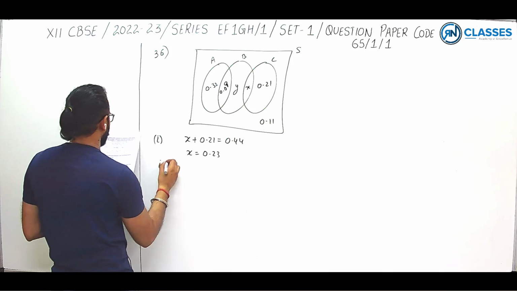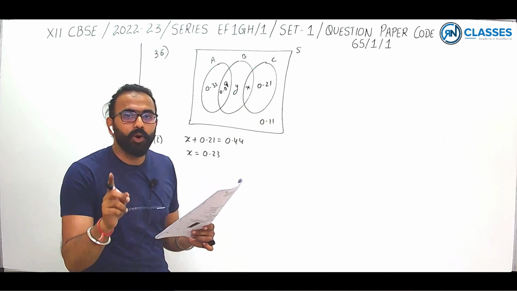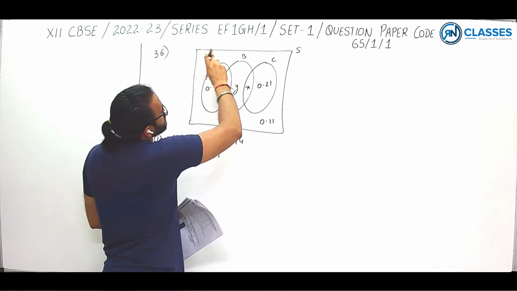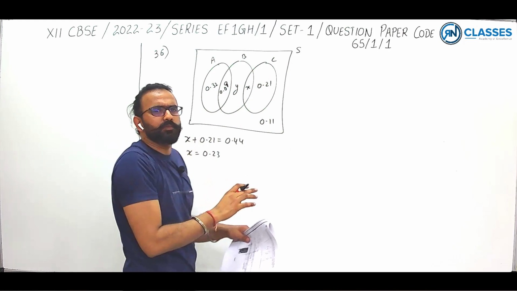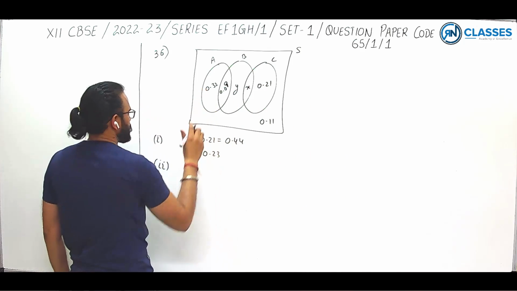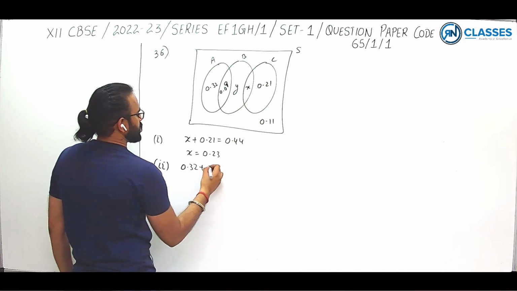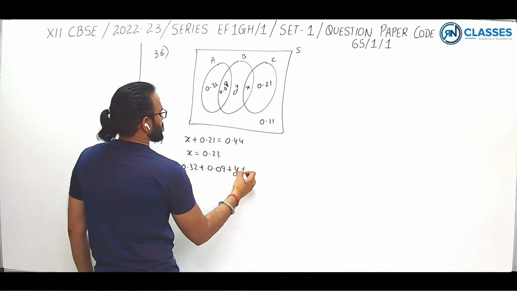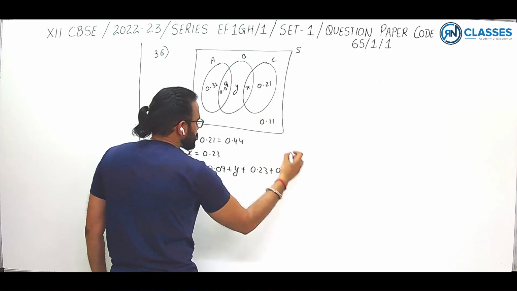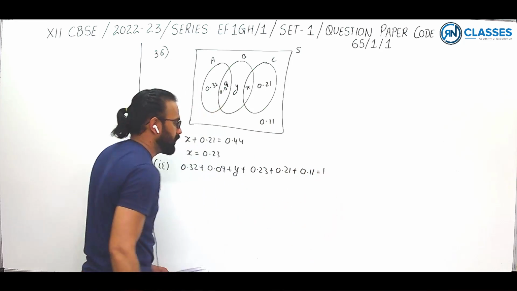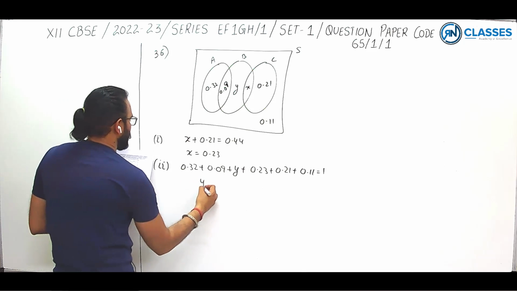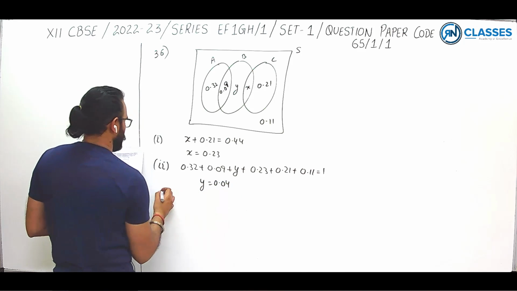Now the second part is find the value of Y. We know that this is the sample space and the probability of the sample space is 1. So adding all these parts, 0.32 plus 0.09 plus Y plus X, which is 0.23, plus 0.21 plus this part 0.11 must be equal to 1. Solving this equation, we will get the value of Y as 0.04.